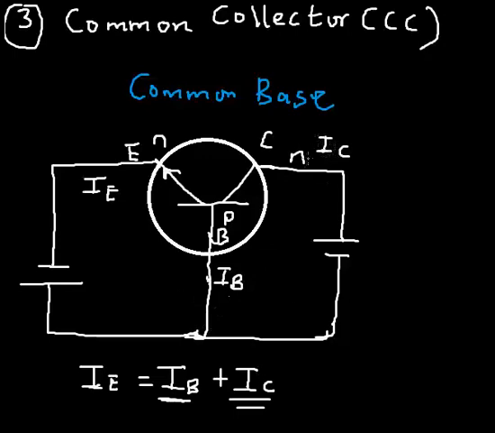My output current here is the collector current, while the base current is my input current. So in this particular configuration, my input was IE, and it was translated to IC as an output.